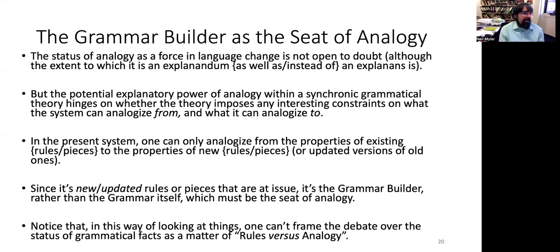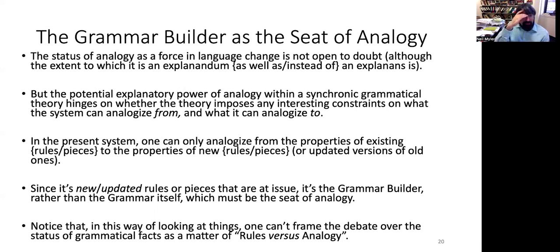If we're on about synchrony, then it seems to me that the potential explanatory power of analogy within a synchronic grammar hinges on whether the theory imposes any interesting constraints on what the system can analogize from and what it can analogize to, right?